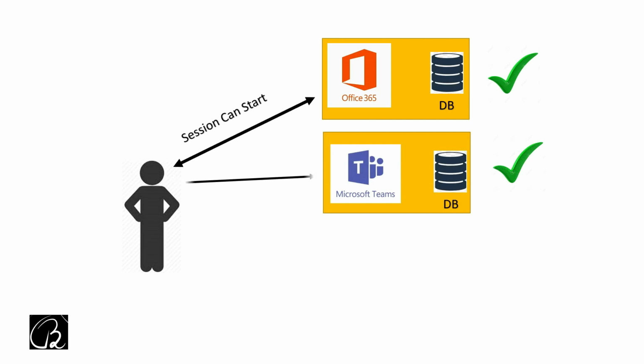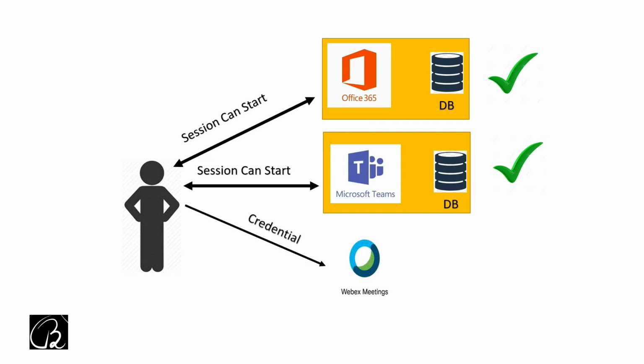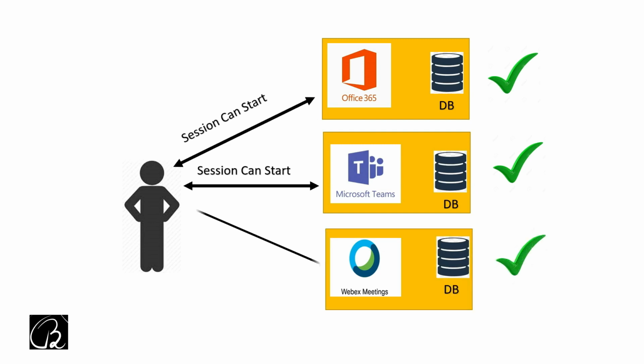Then you are an authenticated user, you are successfully authenticated to that application, and a session can start. Now if you have one more application, then the same thing will happen here. So basically I'm not saying anything new, right? Whatever I'm saying is a very basic thing, and I know you all know about it, right? So this is how we can start accessing any application.